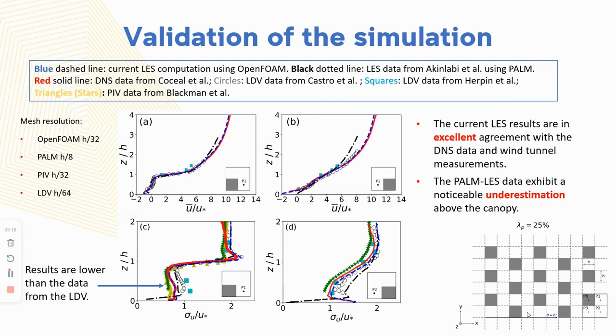Here we can clearly see that if we don't use enough mesh resolution, we can miss some difference in the mean velocity. And the second one is the standard deviation of the streamwise velocity. Actually, this kind of fundamental research is usually ignored by researchers, because they just say the simulation is good, the model is good.